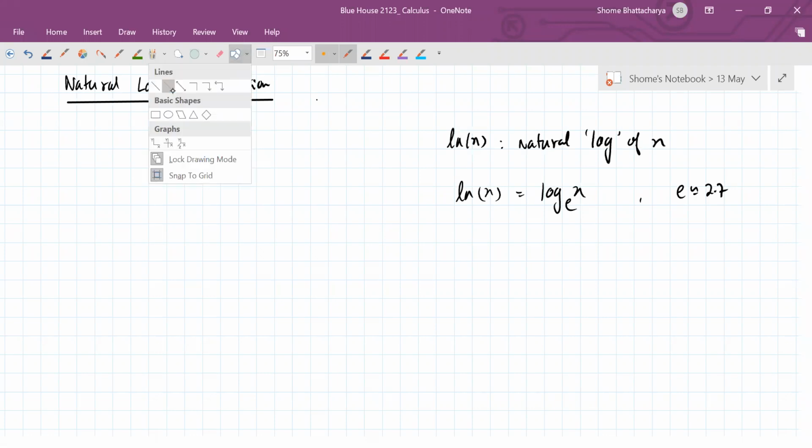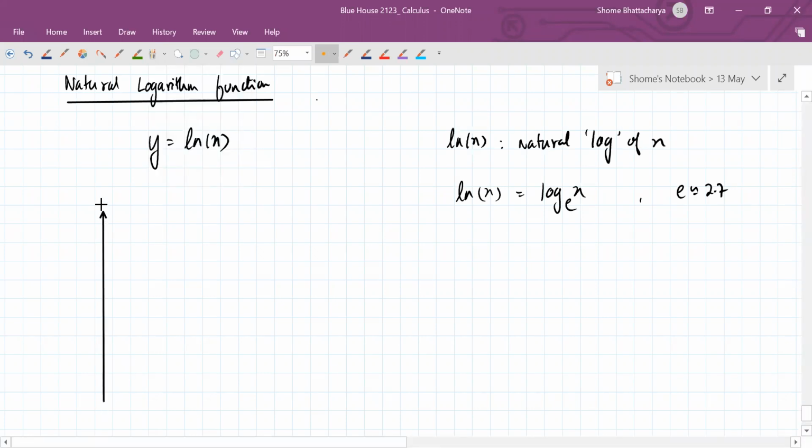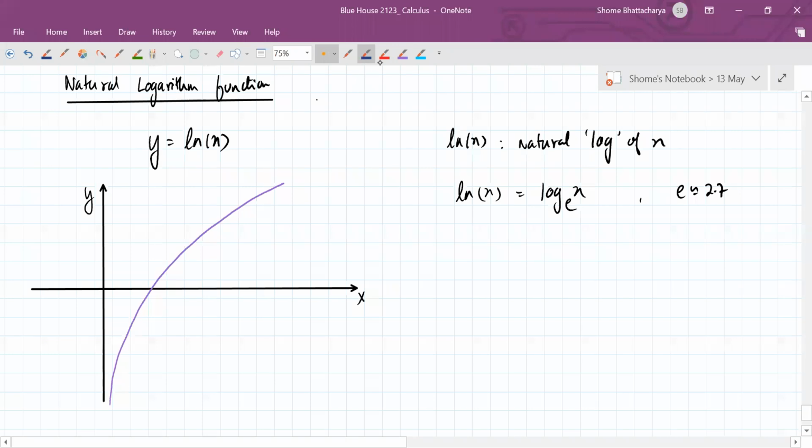So the graph of this function now looks like this. So first of all, we cannot define y for non-positive values of x.